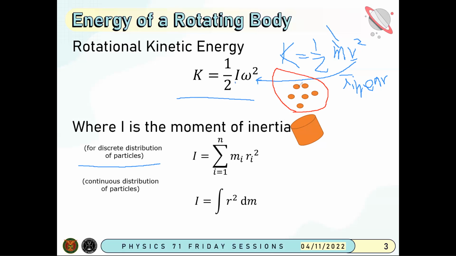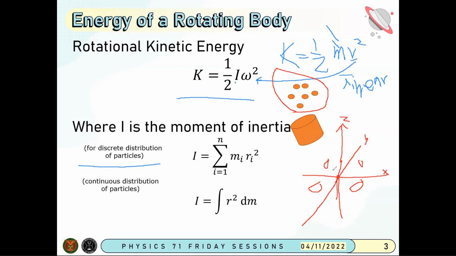So, for example, if you have particles like this and you want to get the moment of inertia about a given axis, let's say this is the axis, in 3D, the z-axis, this is x, this is y.